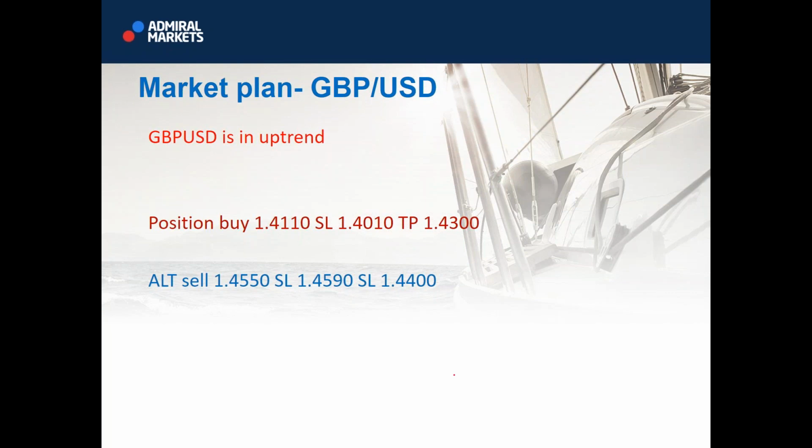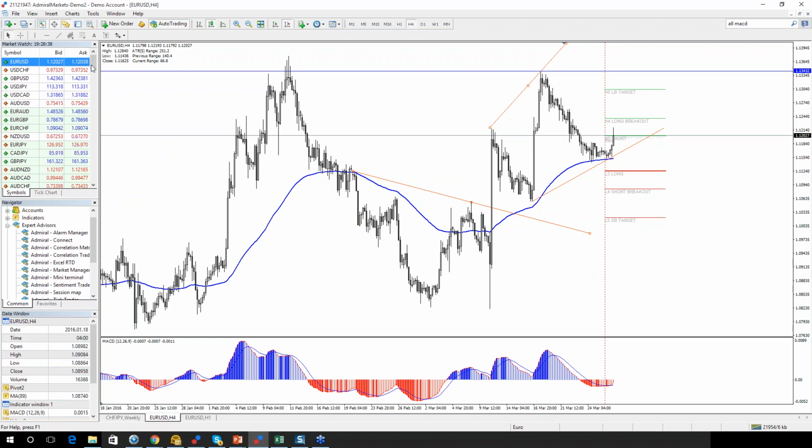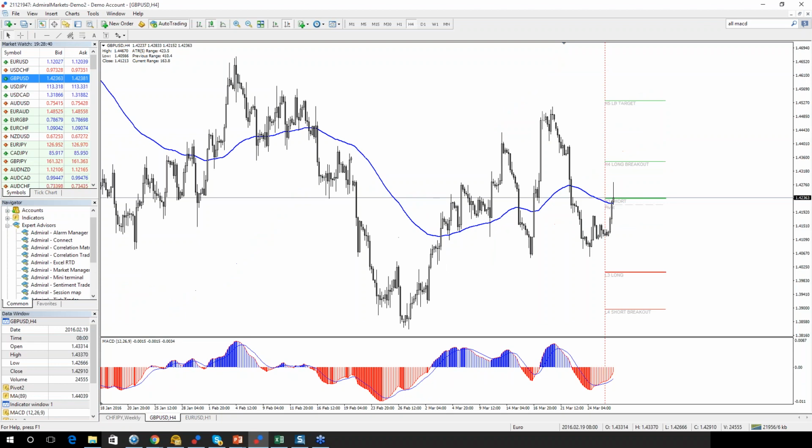I want to sell it higher and buy it lower. So this is it. The price is ranging now, but at the same time it's supported by ascending trend line. So pay attention to this.